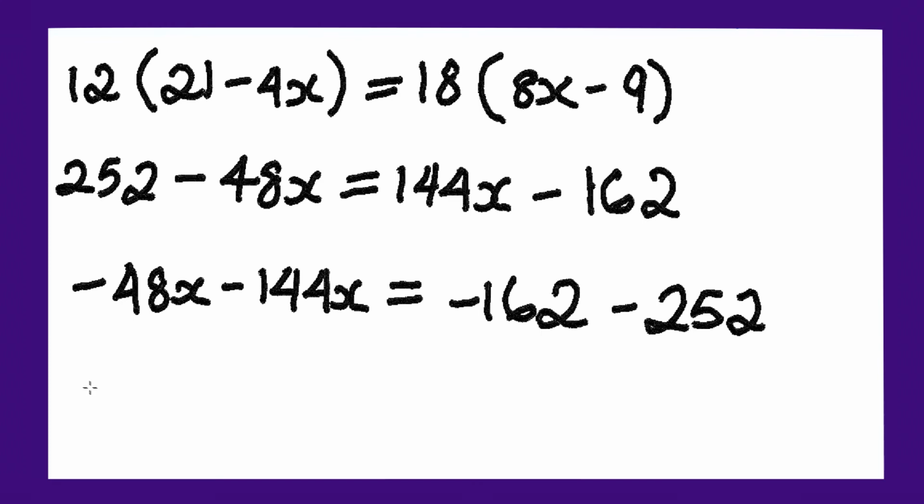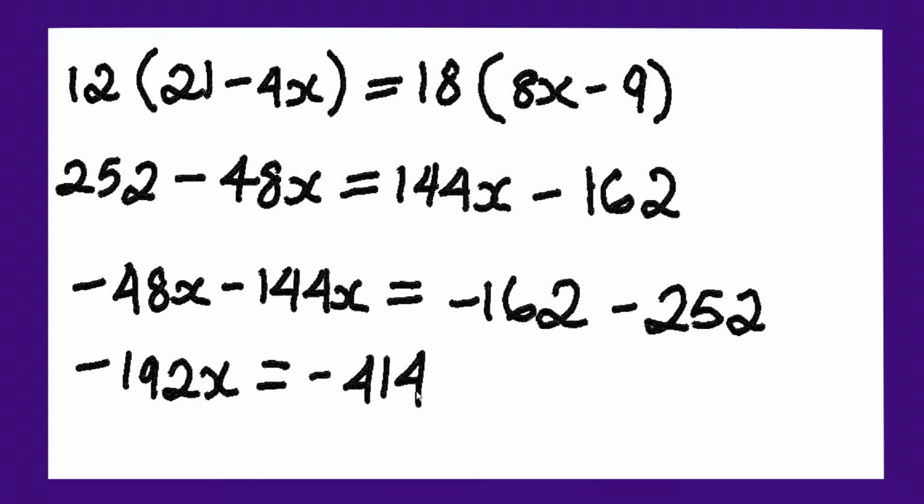So here we have negative 48x minus 144x. That would be negative 192x, equal to negative 162 minus 252, which would give us negative 414. Great.